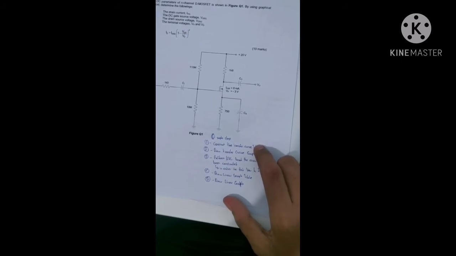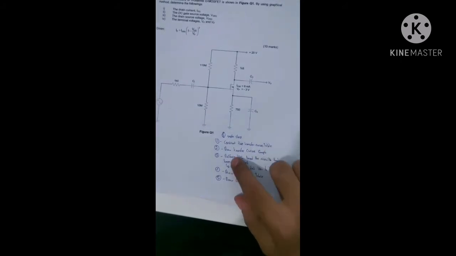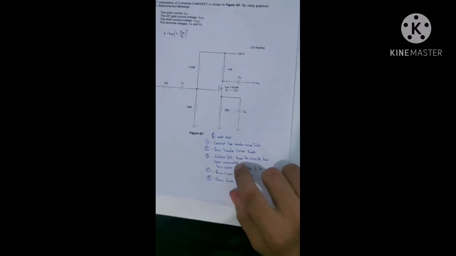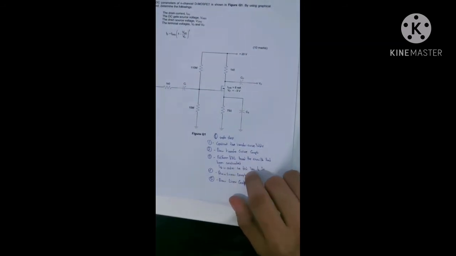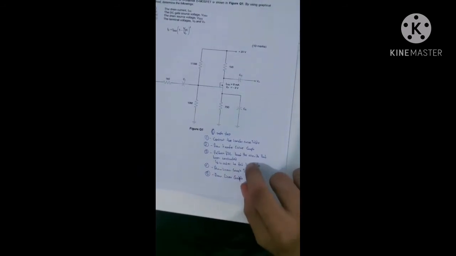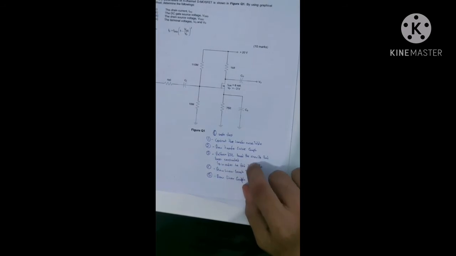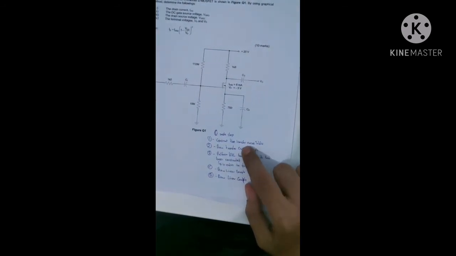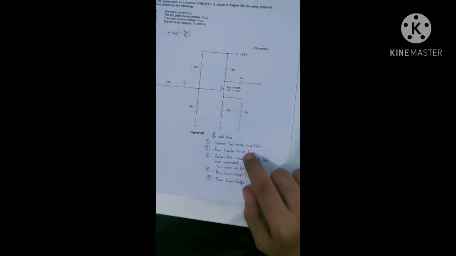And the next one is we need to perform KVL based on the circuit that has been constructed in order to find our VGS and ID, that consists of VGS and ID that we get from the transfer curve graph.